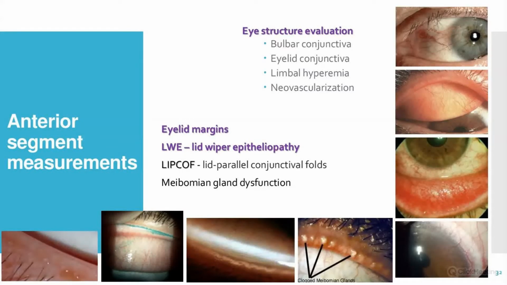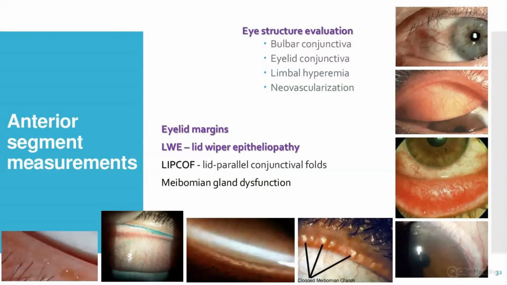And just now, a little bit closer to the things that we need to assess, to look much closer and need to assess when we have a contact lens patient. If we think about eye structure, you need to assess the bulbar conjunctiva, eyelid conjunctiva, limbal hyperemia, and neovascularization.